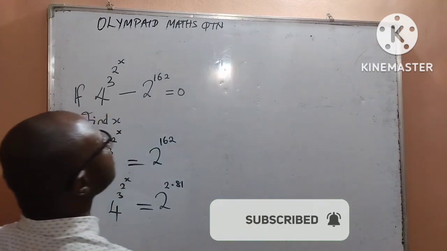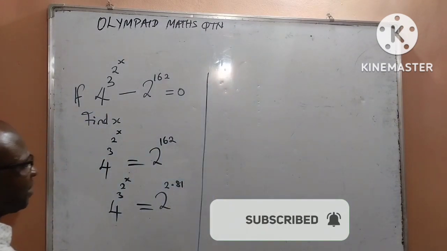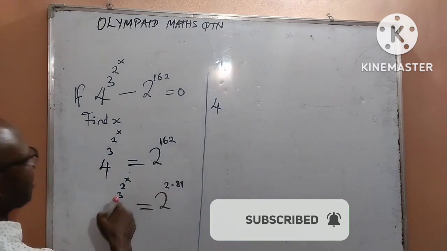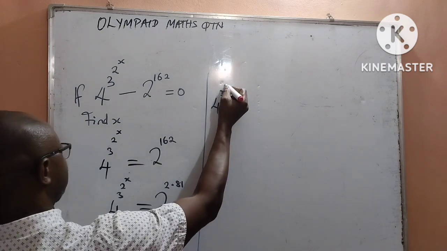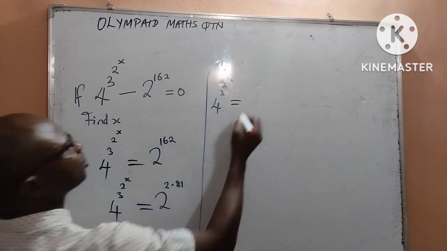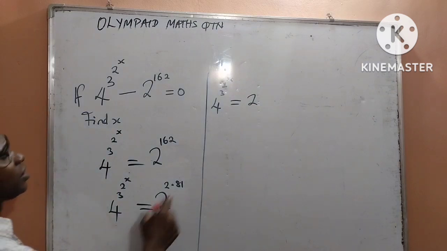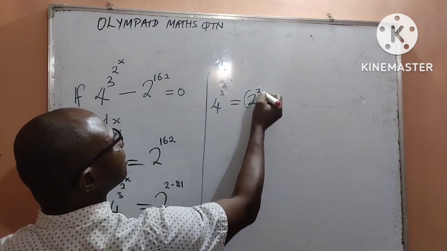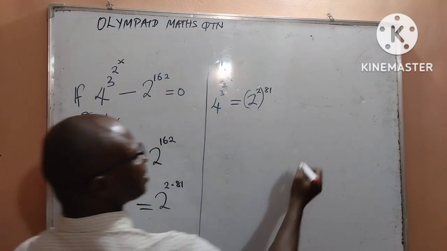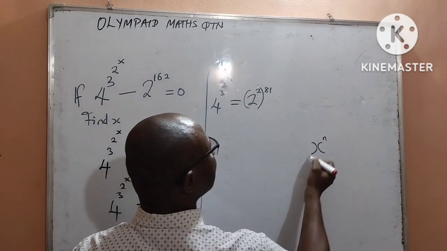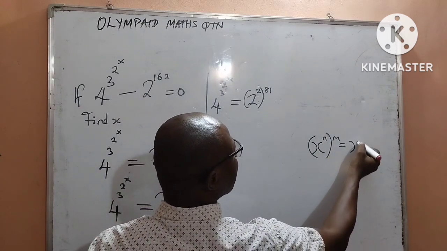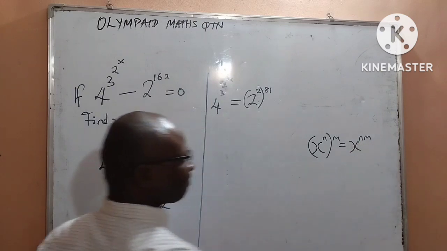Alright, so this shall now be written as 4 to the power of 3 to the power of 2 to the power of x equal to 2 to the power of 2, then in the bracket to the power of 81, because x raised to the power m, all raised to the power n, is equal to x raised to the power m times n.